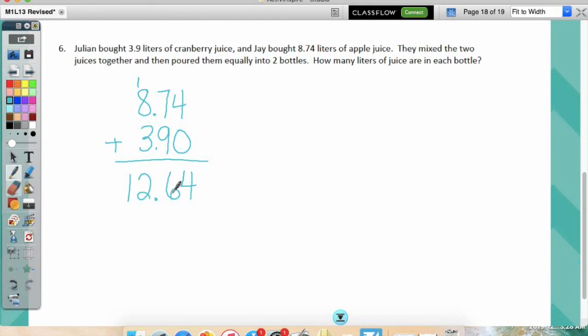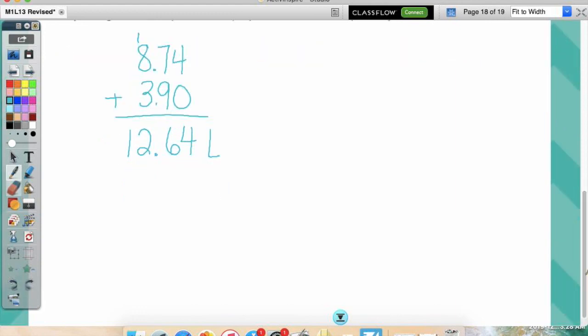So altogether we have 12.64 liters of juice. And we're going to divide that into 2. So we could decompose this just like we have been doing, but we're going to have to do it into 3 different numbers. So it's going to be 12 ones, 6 tenths, and 4 hundredths.